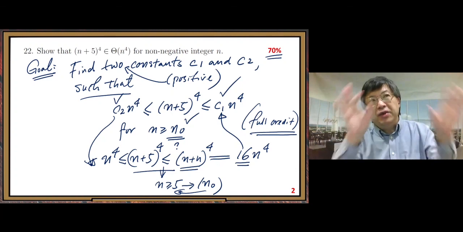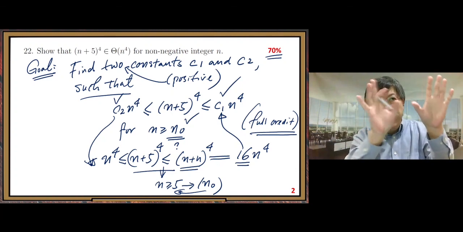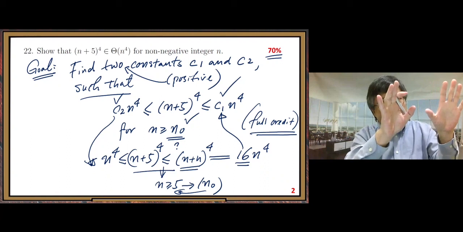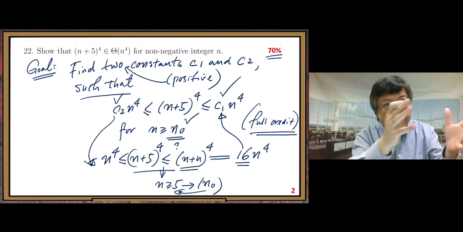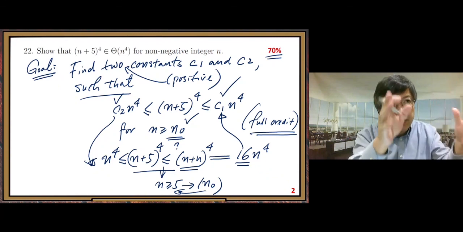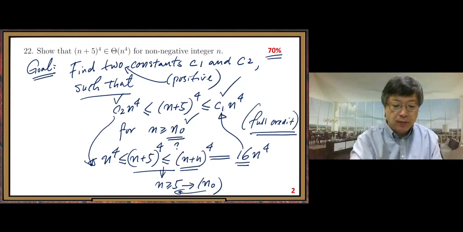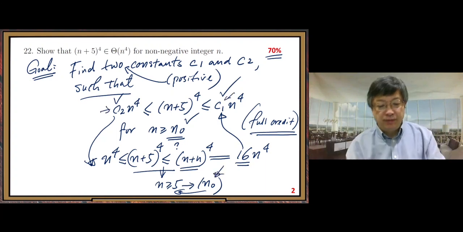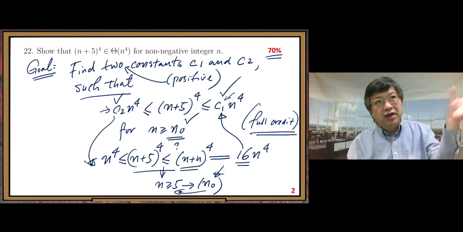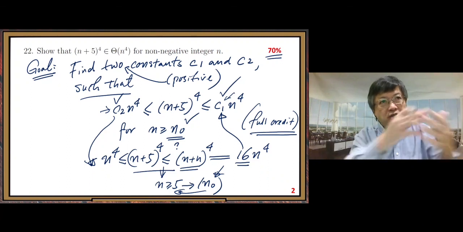That's what I need. If you go back to look at our notes, I gave you several similar questions. In those solutions, look at the C1, C2, and n0. Some students use the binomial formula to expand.